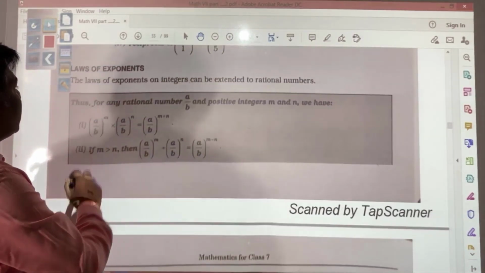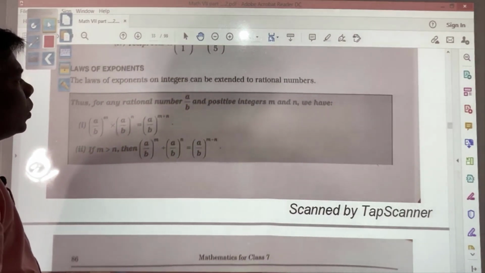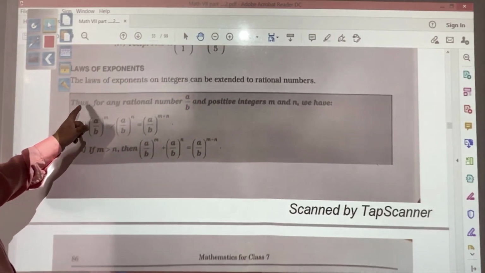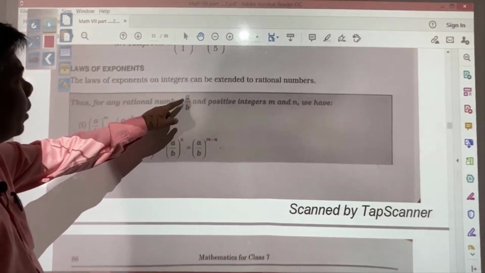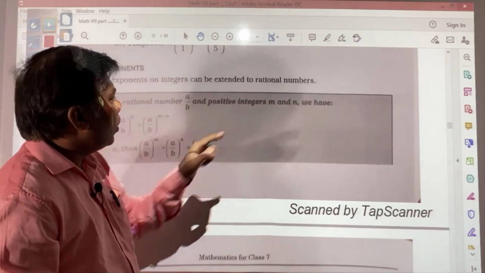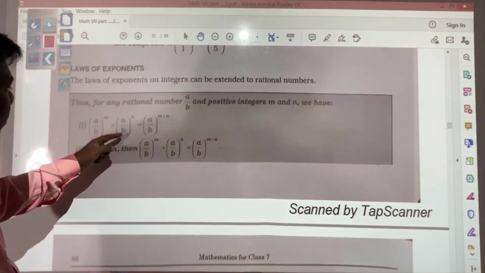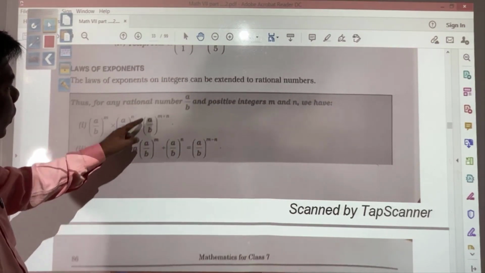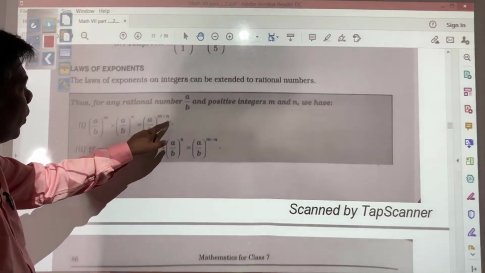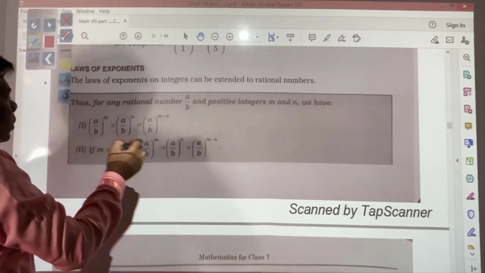Then we have laws of exponents. The laws of exponents on integers can be extended to rational numbers. Here you see, for any rational number a by b and positive integers m and n, we have a by b to the power m into a by b to the power n is equal to a by b to the power m plus n. Already we had seen this in integers also.